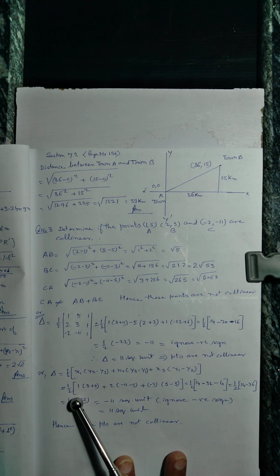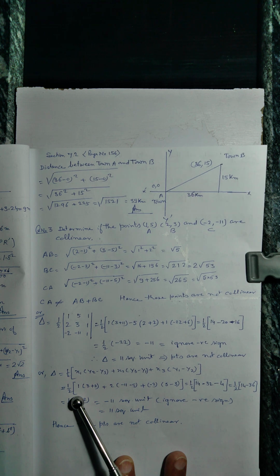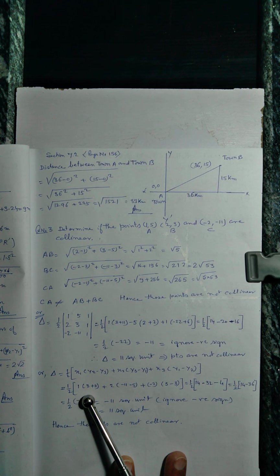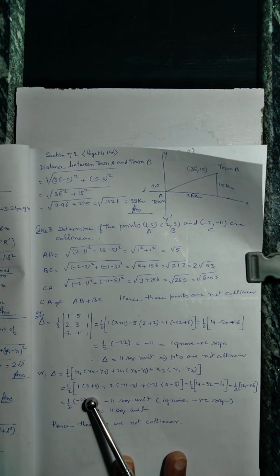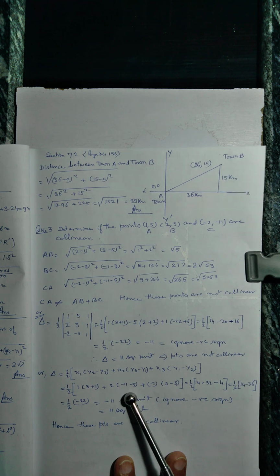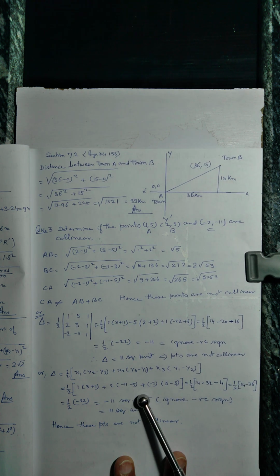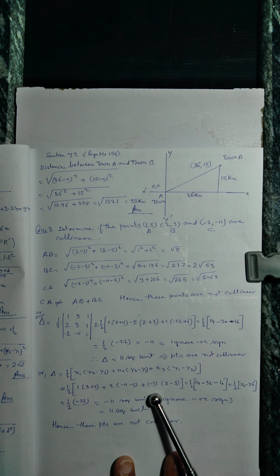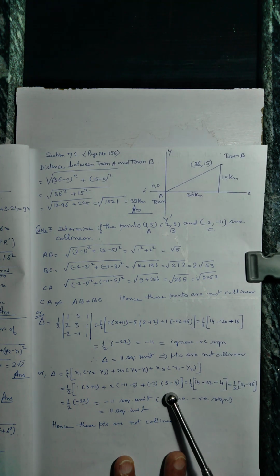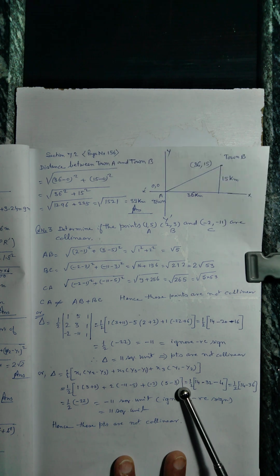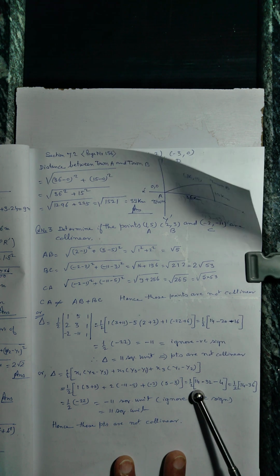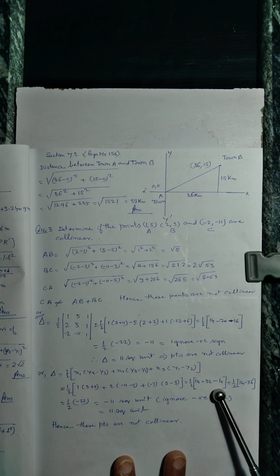Now again here just substitute the values: 1 by 2, inside the bracket you write down 1 into (3 plus 11) plus 2 into (minus 11 minus 5) plus minus 2 into (5 minus 3). So bracket closed. Now 1 by 2, 14 minus 32 minus 4.